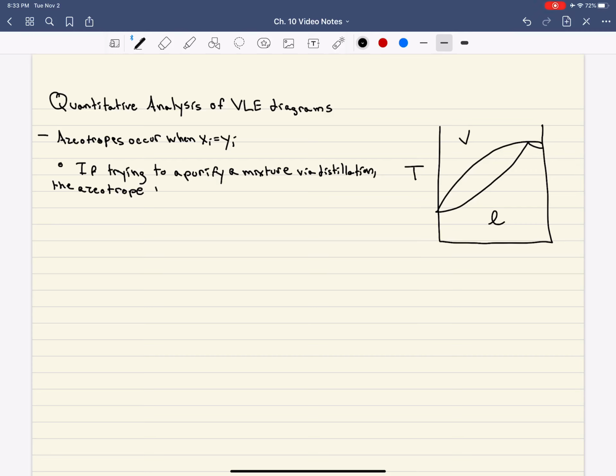So the azeotrope represents the maximum limit of purity.